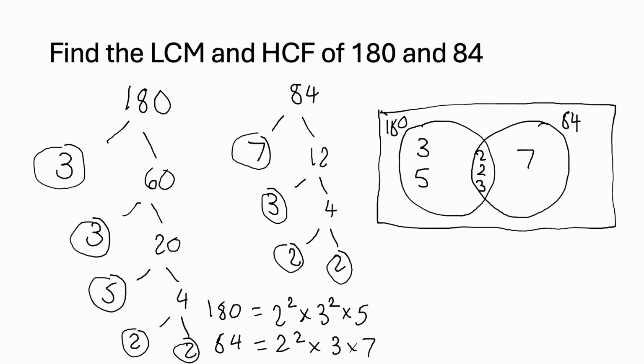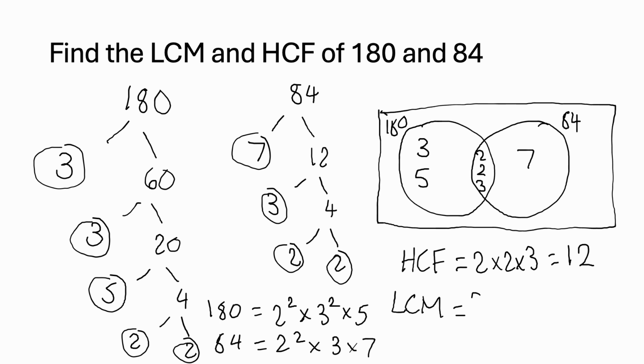Using our Venn diagram method, the highest common factor is going to be the numbers in the overlap between the 2 circles. So what they have in common, which is 2 times 2 times 3. So 4 times 3, which is 12. And then the lowest common multiple is everything in the Venn diagram multiplied together.